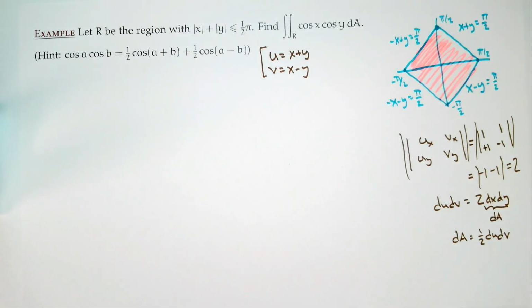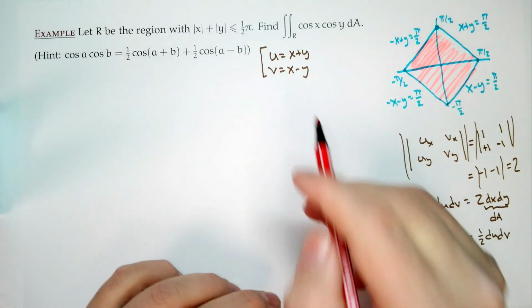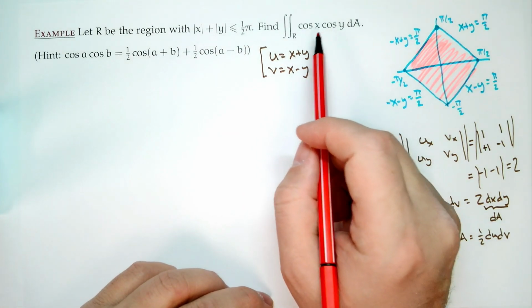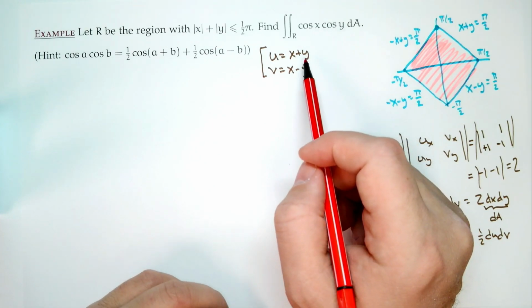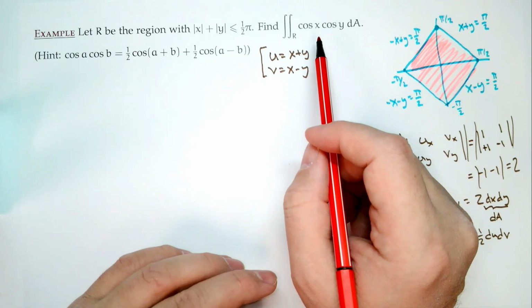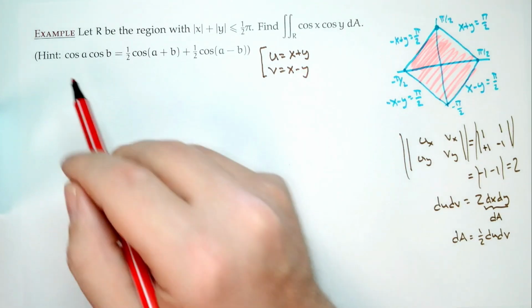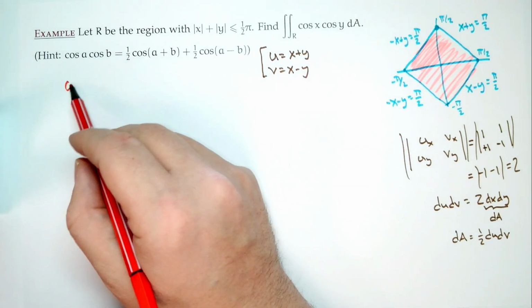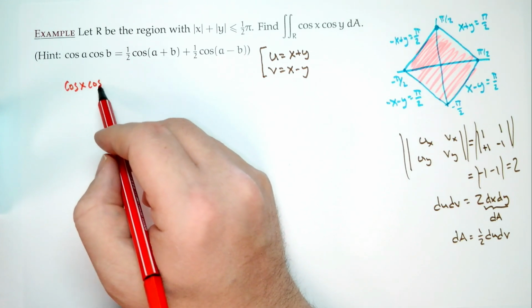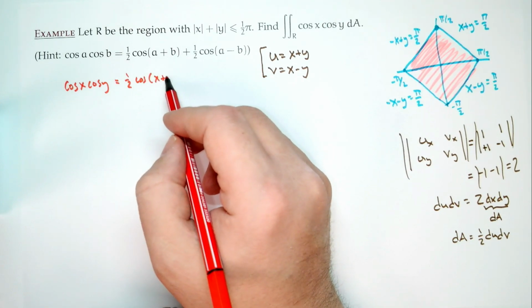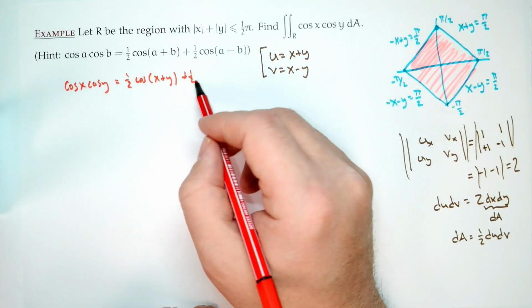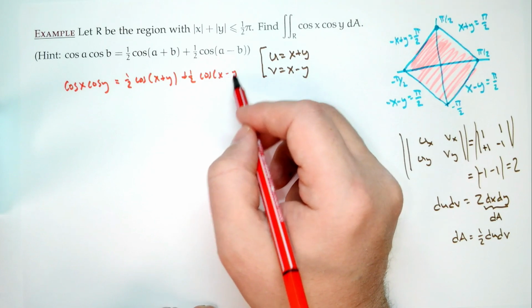All right, now what happens? We need to figure out a couple of things. What's our function going to be? Now, cosine x, cosine y, I want to write in terms of x plus y and x minus y. It's not so obvious what to do unless we use the hint here, which says cosine x cosine y is 1/2 cosine of x plus y plus 1/2 cosine of x minus y.